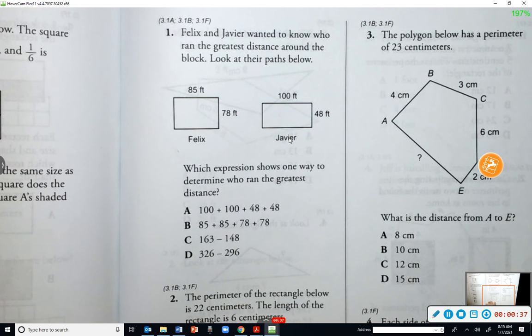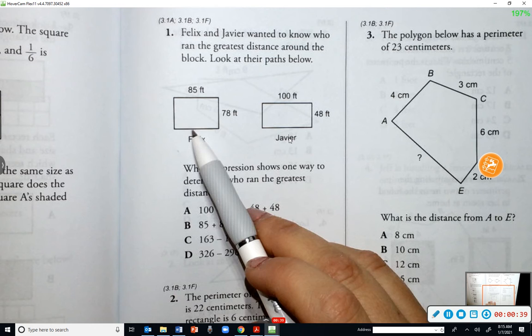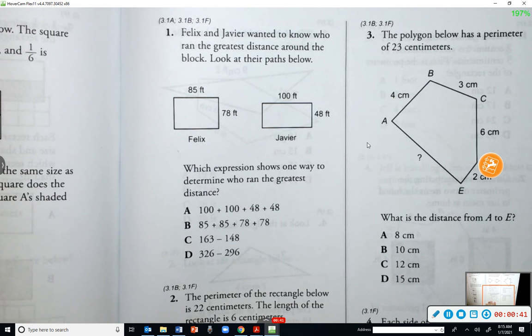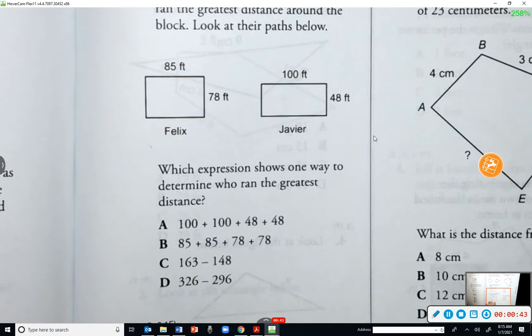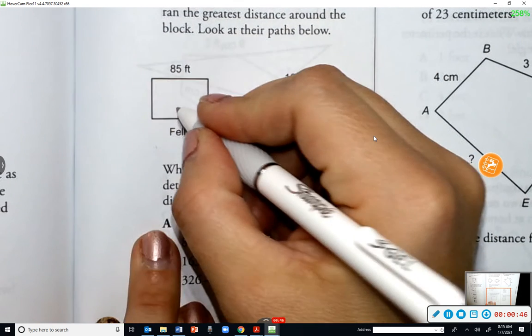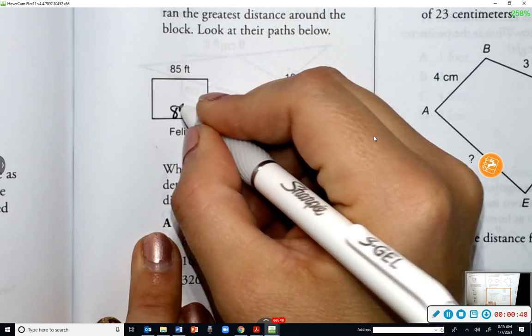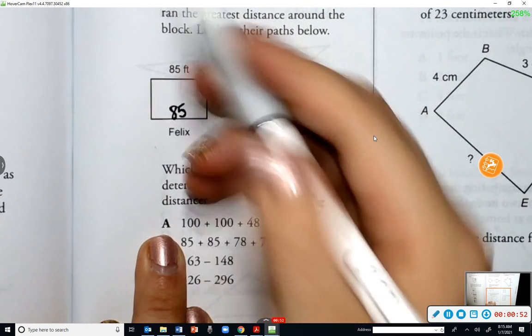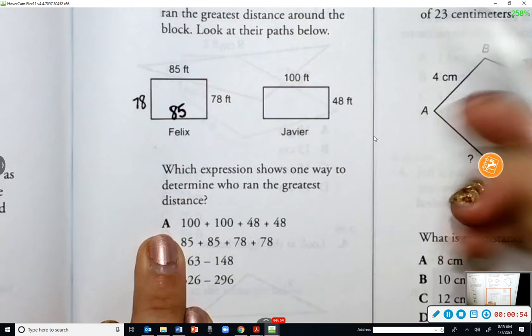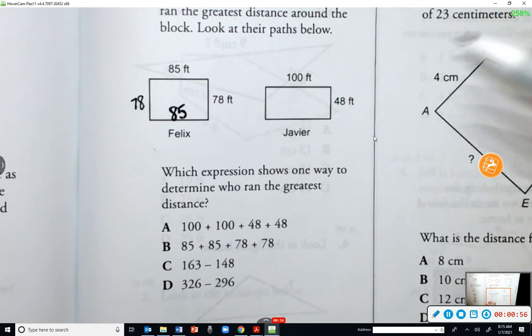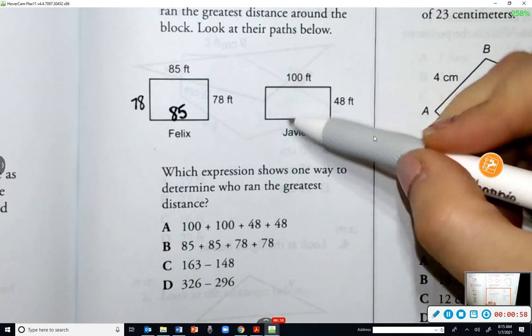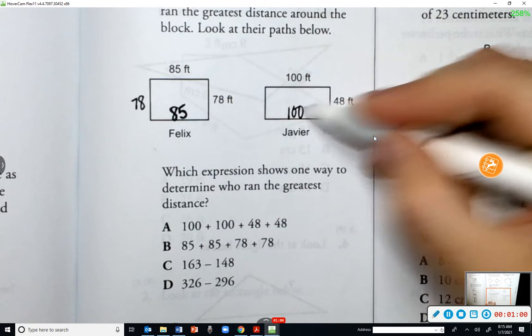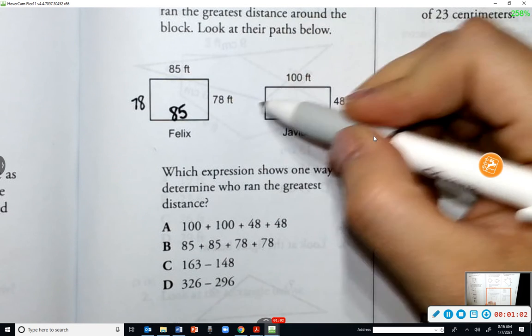What number needs to go down here at the bottom? Bryson? 85, good. Since it's a rectangle, the opposite sides are equal, so over here needs to be another 78. For Javier, we would have 100 on top and bottom, 48 on the right and the left.